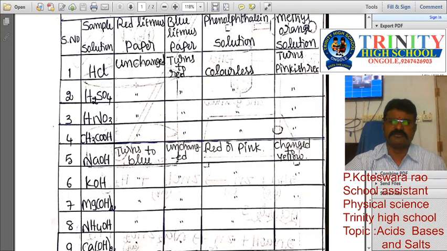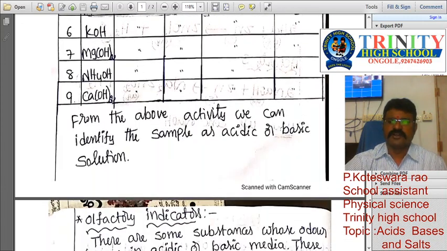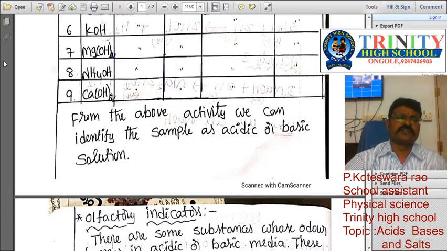In basic medium, red litmus turns blue, blue litmus is not changed, phenolphthalein changes to pink, and methyl orange changes to yellow. From this activity we can conclude whether the given sample is acidic or basic in nature.